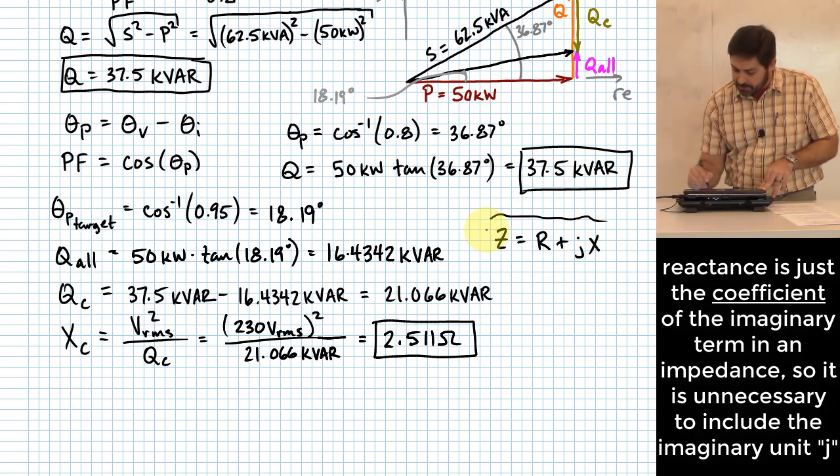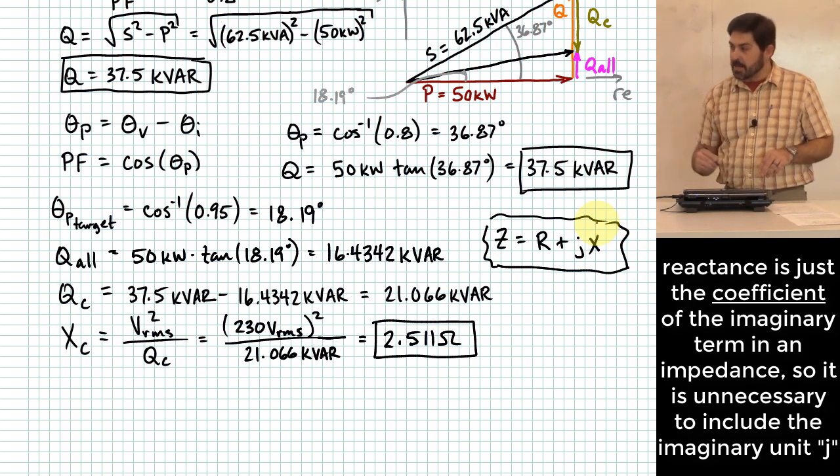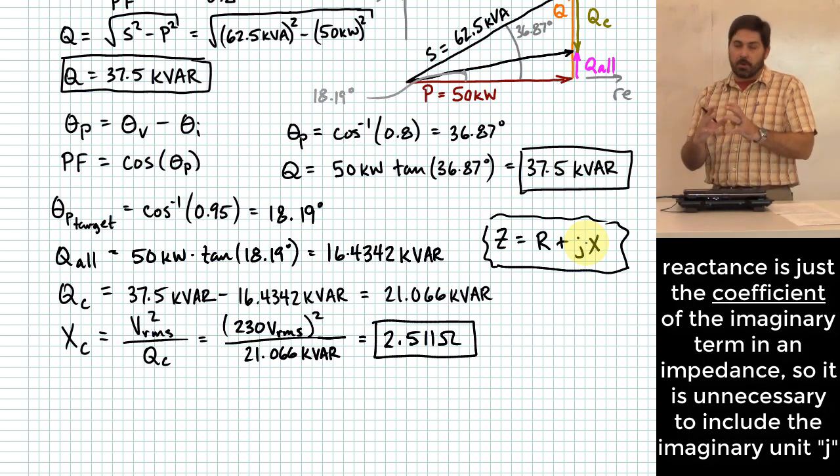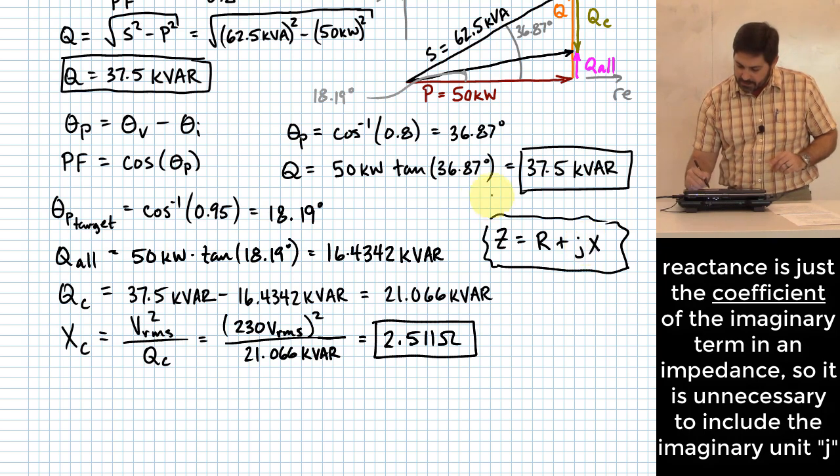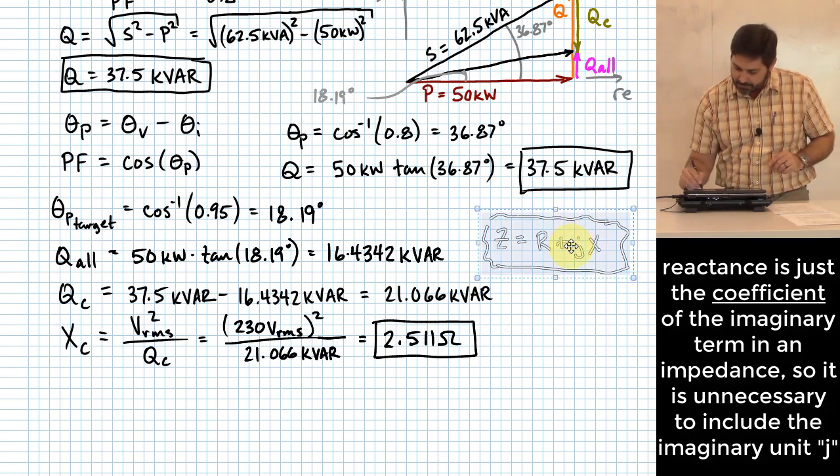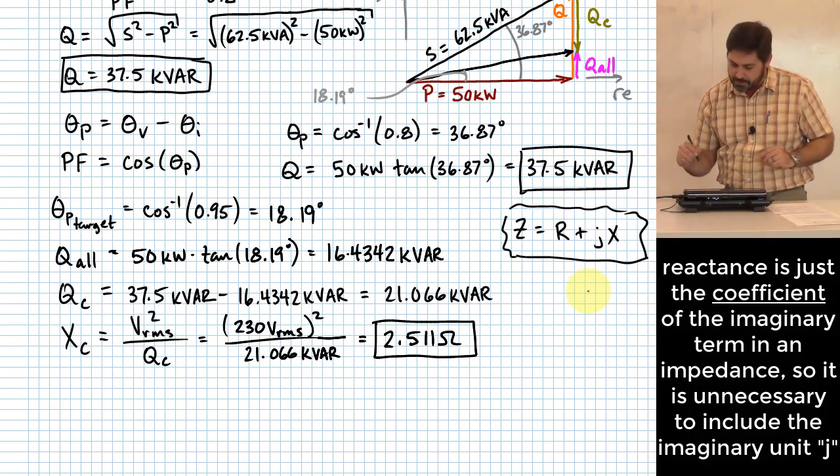So because of how we define the letter X when we're talking about impedance, the J is outside of that number, and so the X part of it is just a real number. Does that make sense? So just kind of head that question off before you ask it, perhaps.